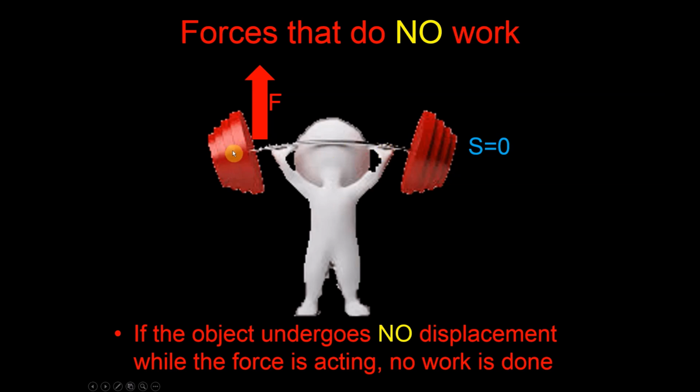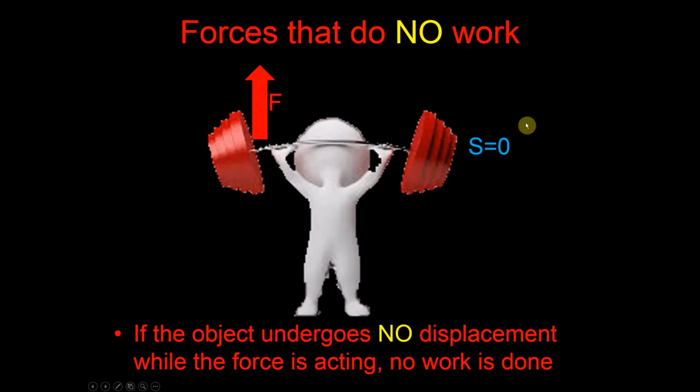Well, you're still putting a force in, a force against that of gravity, mg is acting down. But as long as you're providing that force and you are counteracting the force of gravity, mg downwards, you're holding this thing completely still. That means the displacement of the mass on this barbell weight is equal to 0.